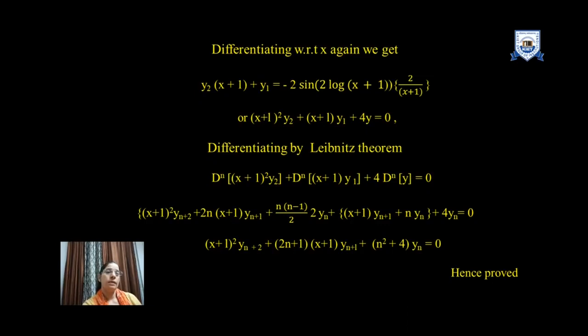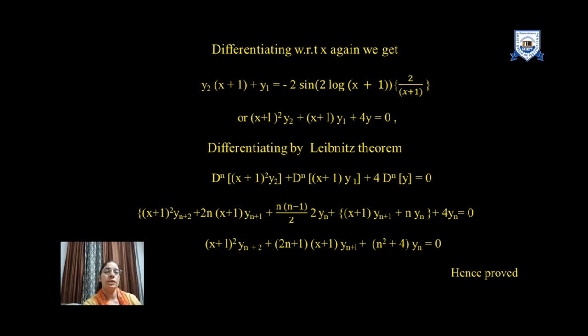We can consider this an identity, and if we want to find an identity in terms of y(n+2), then we differentiate this identity (x plus 1) whole square into y2 plus (x plus 1) y1 plus 4y n times by Leibniz rule. Here we can see clearly that (x plus 1) whole square into y2 is the product of two functions, and (x plus 1) into y1 is again the product of two functions.